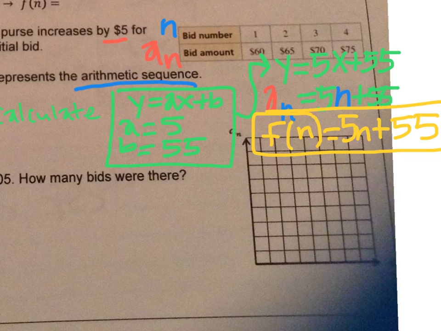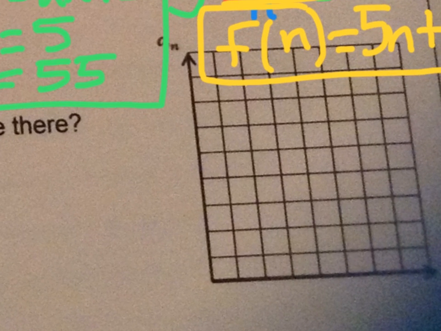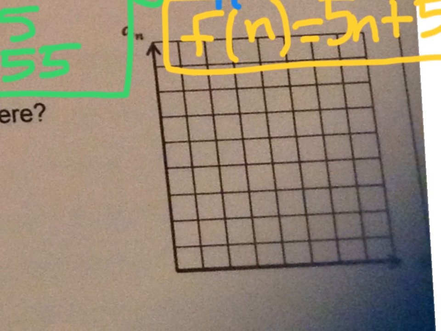I'm going to make each grid line worth 10 on the A of N axis. In other words, the y axis. Well, it looks like you can't see it. Let me erase it so you can. Oh, it's not going to erase.